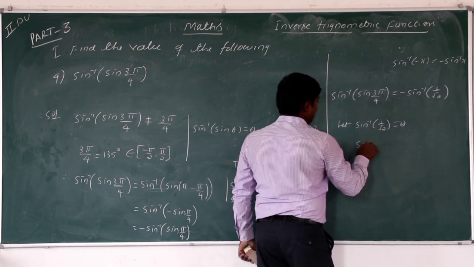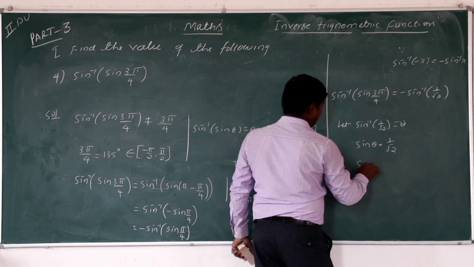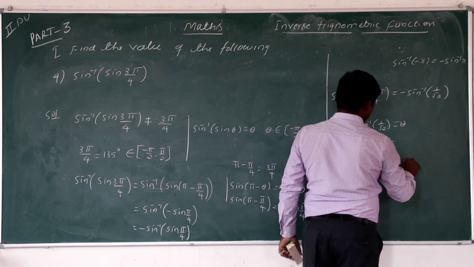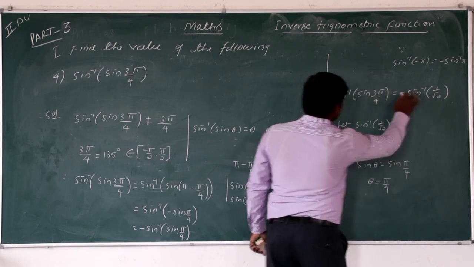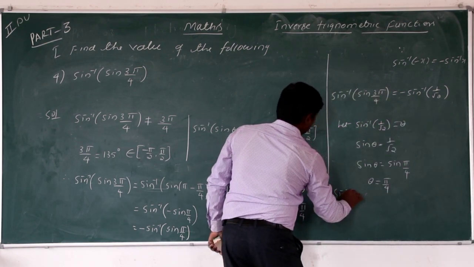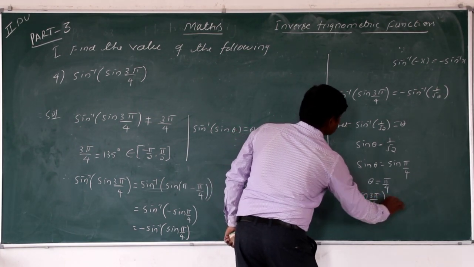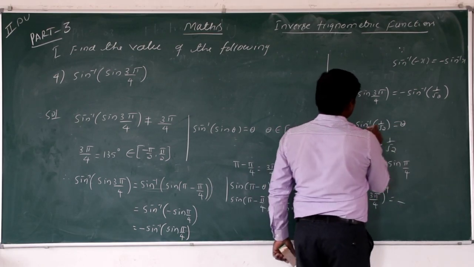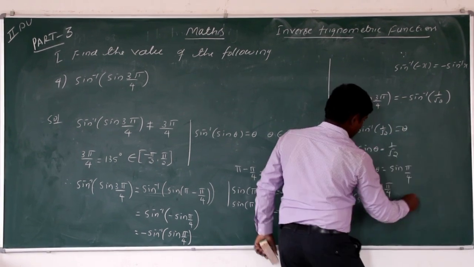Then sin theta is equal to 1 by root 2, so sin theta is equal to sin of pi by 4. Therefore theta is equal to pi by 4. So sin inverse of sin 3 pi by 4 is equal to minus pi by 4.